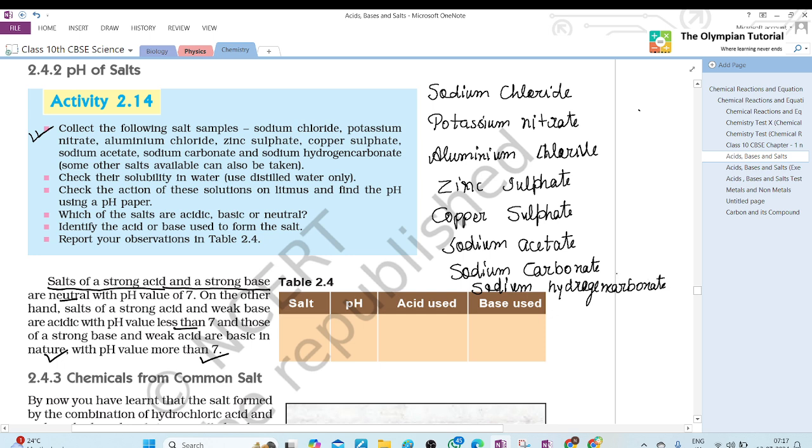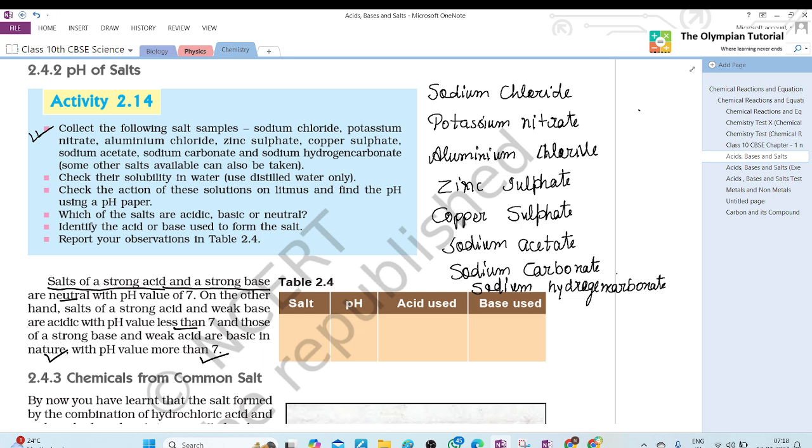Ishan, with the help of a pH indicator, an acid will give red color and a base will give blue color. Then how can we recognize that it is strong or weak? Ma'am, it depends on the color. If the pH of an acid is 6, it will show light green.